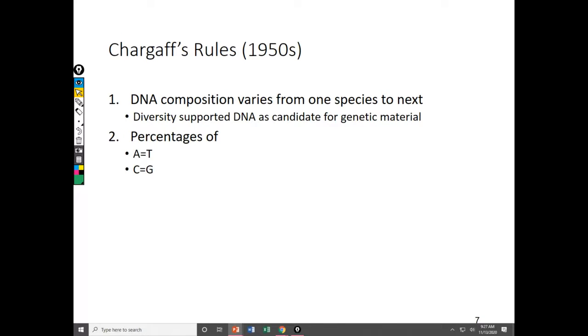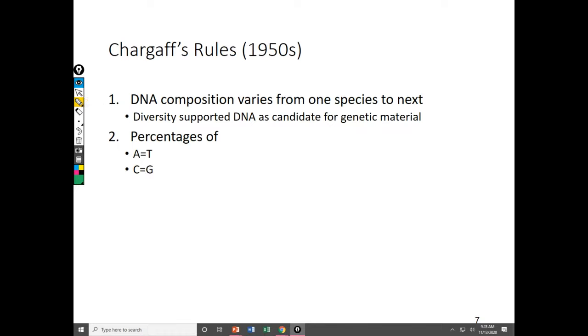Chargaff figured out two really important pieces of information that allowed us to start to piece together what we now know, so what you just saw. And we honestly just figured this out not that long ago. Remember, most of this stuff is cumulative. Well, this cumulative piece just came less than 100 years ago. It's kind of hard to imagine that. So here are the first two pieces.